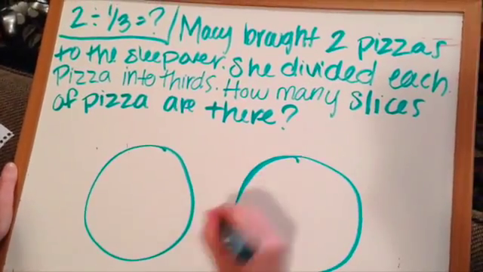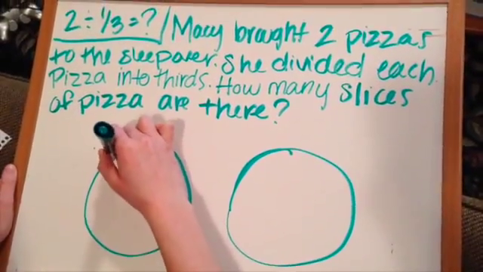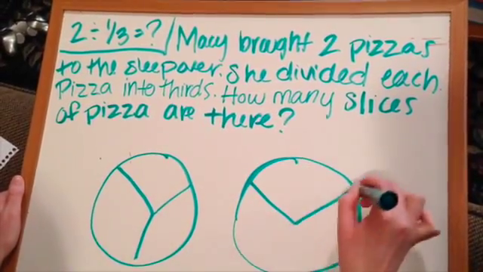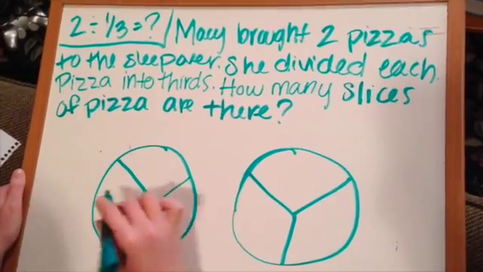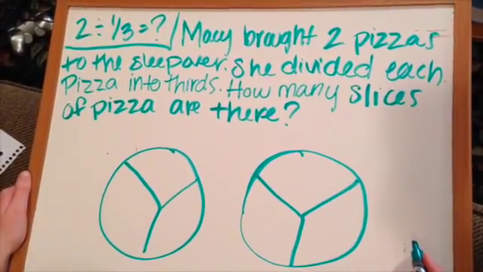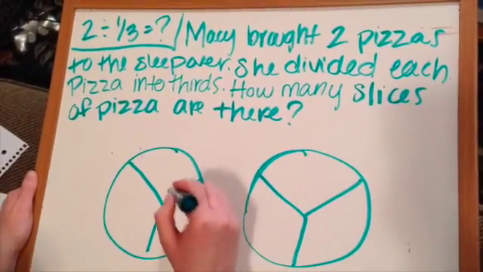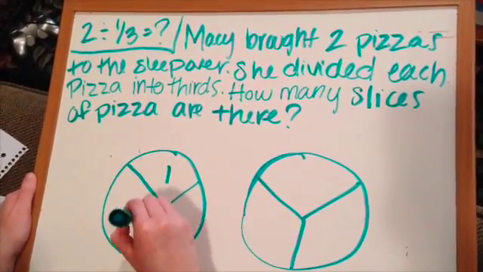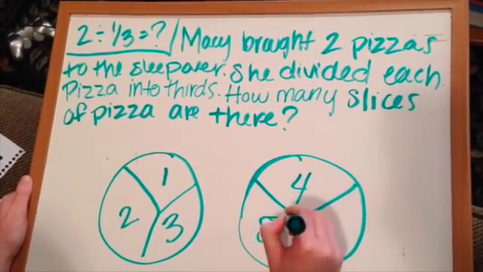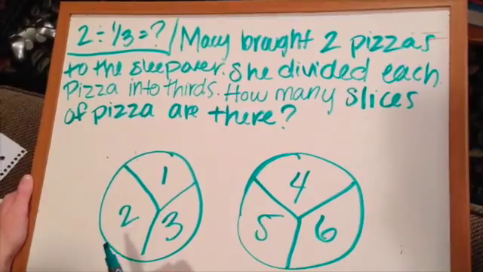Now she divided each of them into thirds. So 1, 2, 3, 1, 2, 3. Now we need to find out how many slices we have total. So 1, 2, 3, 4, 5, 6. So the answer is 6.